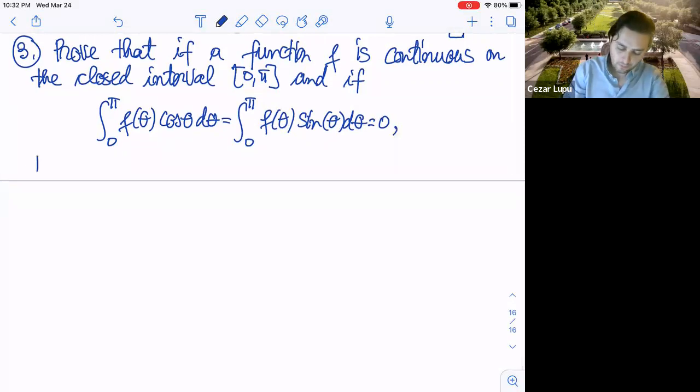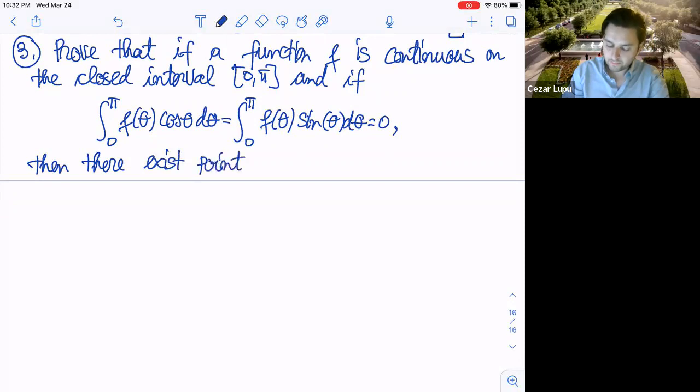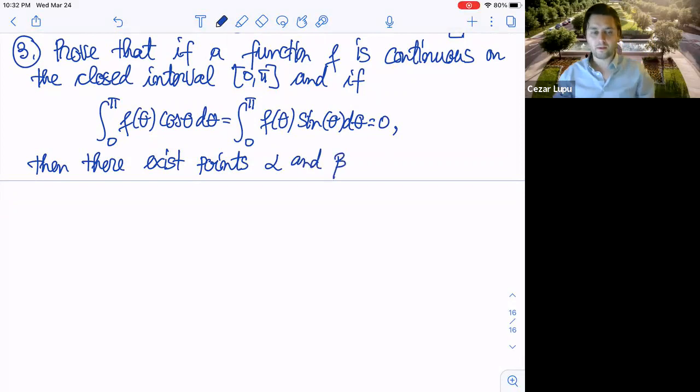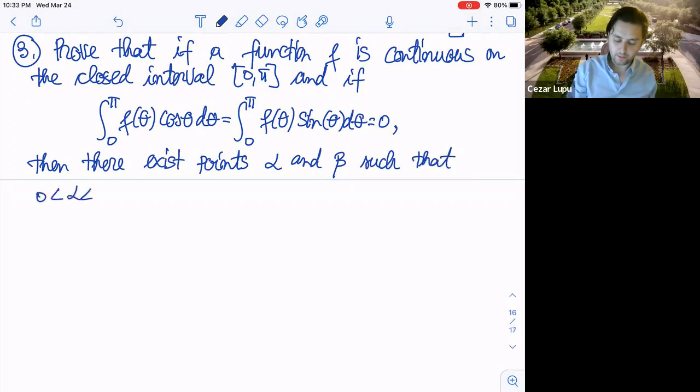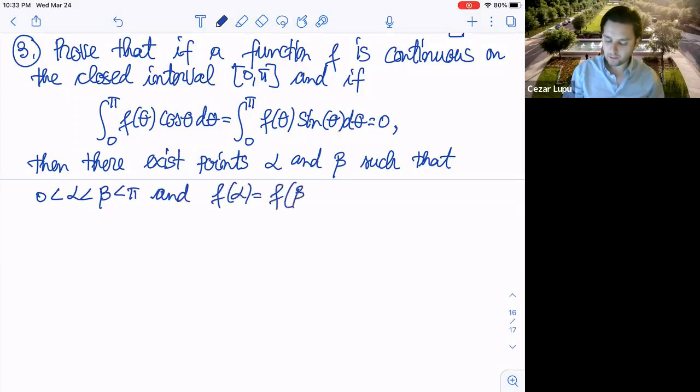Then there exist points, let's say alpha and beta, such that 0 is less than alpha, less than beta, less than pi, and we have that f of alpha is the same as f of beta, and both of them are equal to 0.